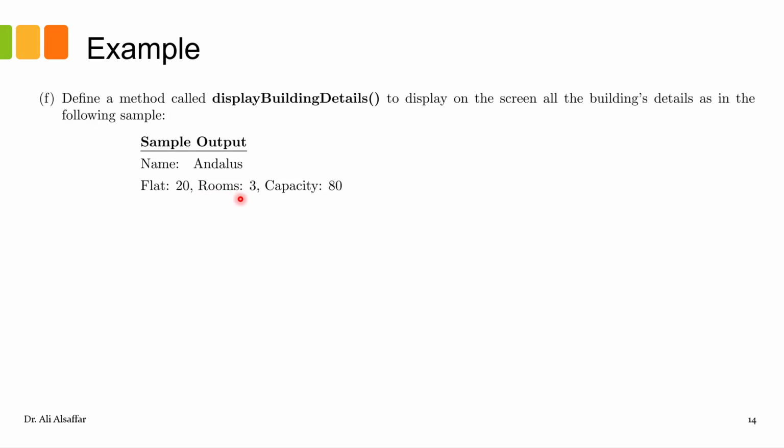Rooms is a title, and 3 is the number of rooms per flat stored in the data member rooms per flat. And capacity is the return value of the method calculate capacity. So we are going to call a method which is defined internally to give us the value for the capacity of the building. Let us see how we can do this in JGrasp.